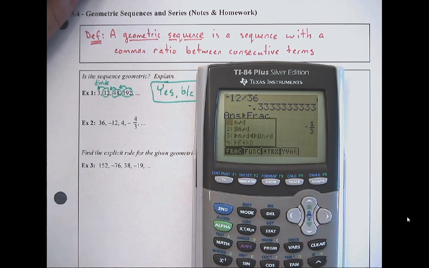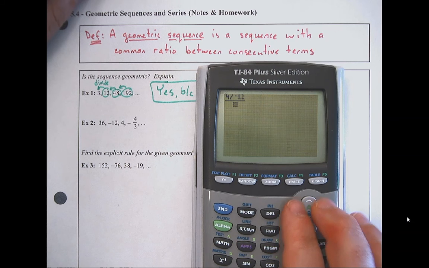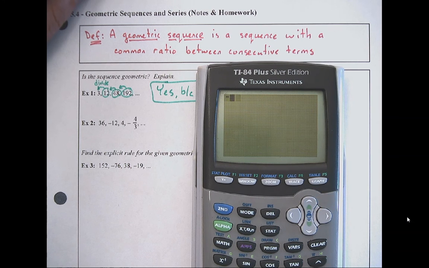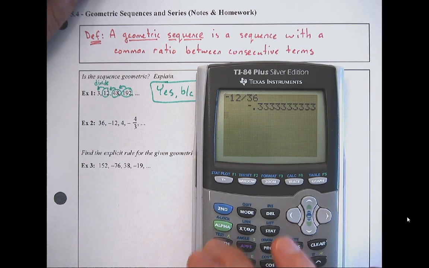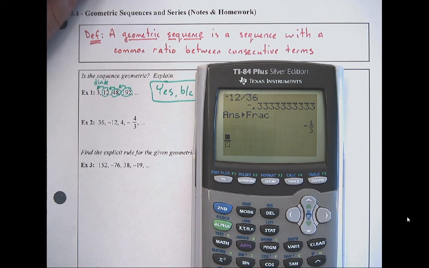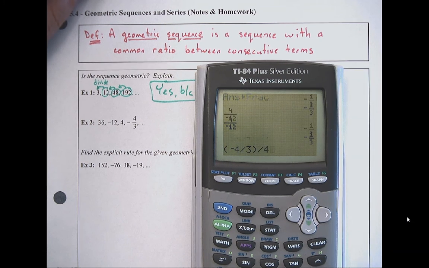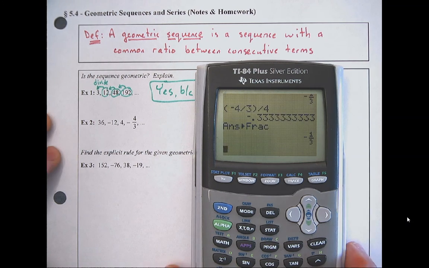Or if you want to be fancy, use your fancy fraction thing: 4 divided by negative 12, and it spits back negative 1/3. Or you can use parentheses, negative 4/3 divided by 4, and then frac back. And you'll see, yep, every time we got a common ratio of negative 1/3.